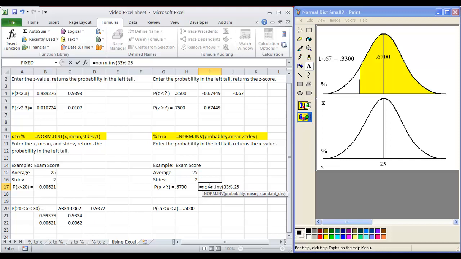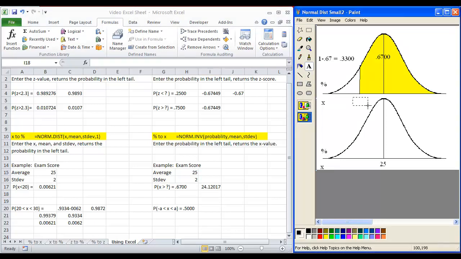Our mean is 25. Our standard deviation is 2. That's all that we need to enter on this one. And it's saying that the score is 24.1. So our x value associated with that is going to be 24.1. So 67% of the students should have a score of 24.1 or higher.